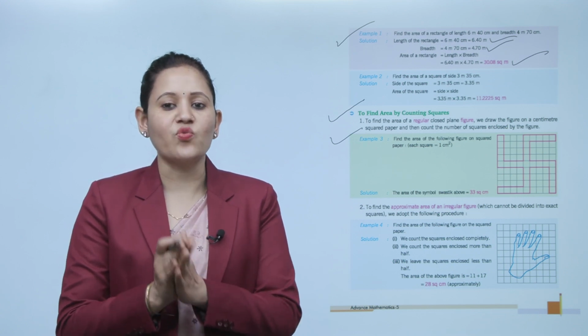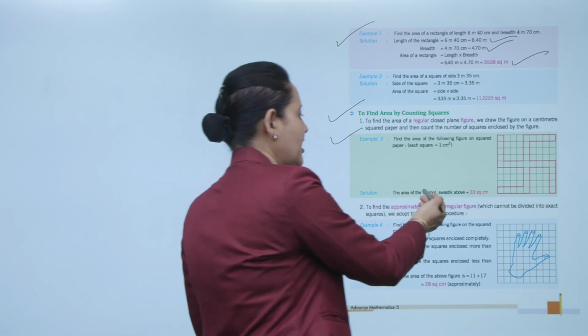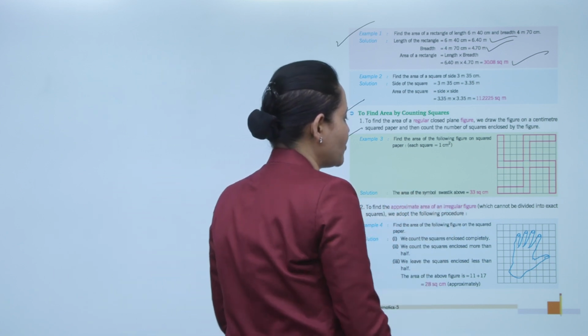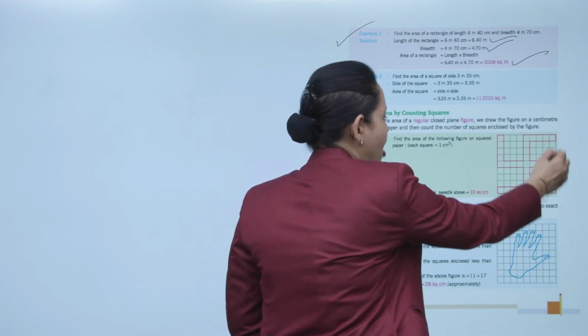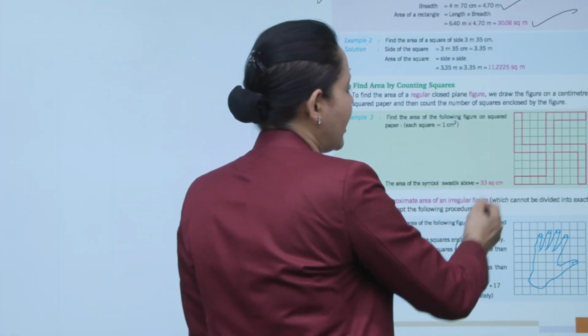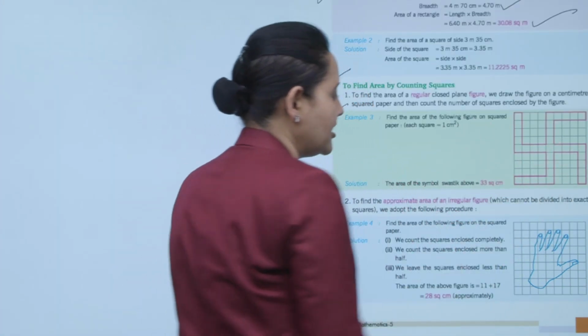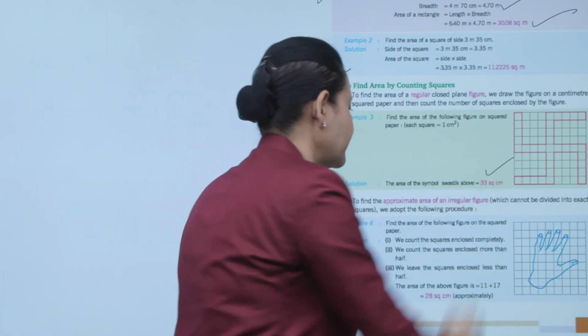Each square is 1 centimeter square. So solution: the area of the symbol above. We'll count how many squares are there in the symbol. So we'll count that there are 33 squares. So area will be 33 square centimeter.